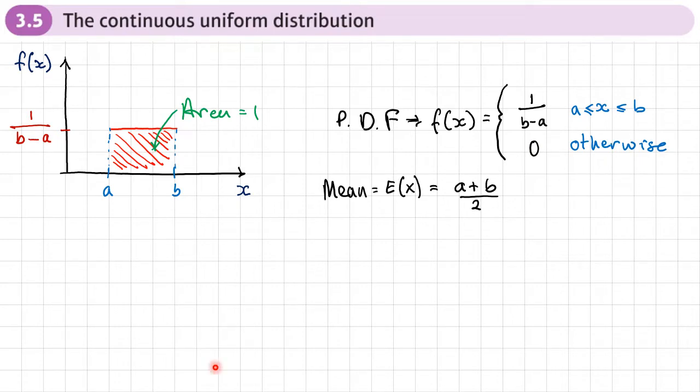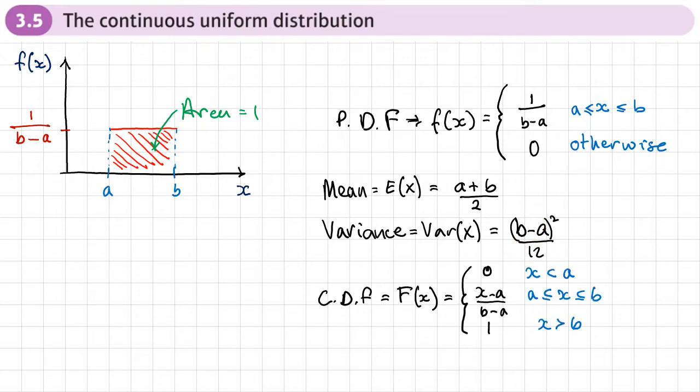To find the mean, E of x, we do a plus b divided by 2, so we take these two endpoints, divide by 2. The variance, Var x, is b minus a, all squared, divided by 12. And lastly, the cumulative distribution function, which we notate with capital F of x, is given here.